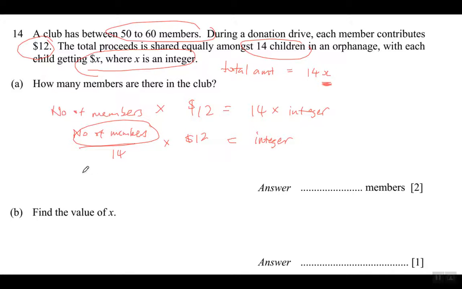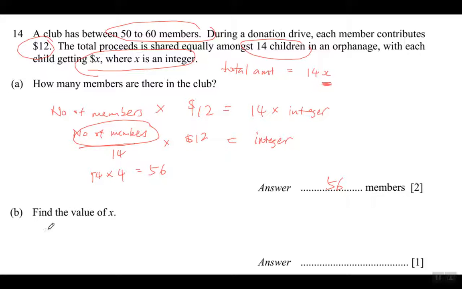So the number of members must be divisible by 14. So look for multiples of 14. 14 times 4 equals 56. This is pure tikam.